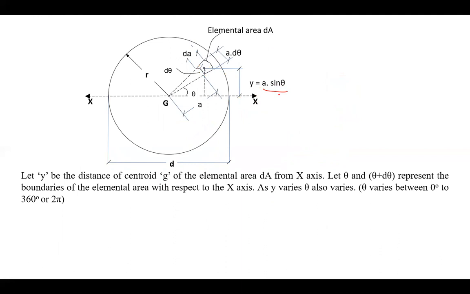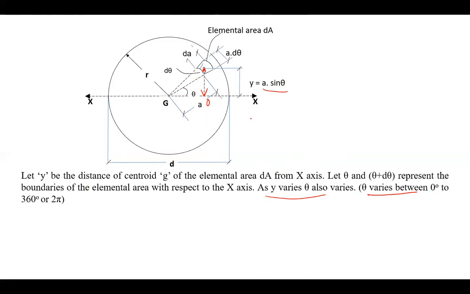As I've already explained, let theta and theta plus d theta represent the boundaries of the elemental area. As y varies, theta will vary, and the value of y will vary from 0 to r, and actually y can be from 0 to r and minus r as well.